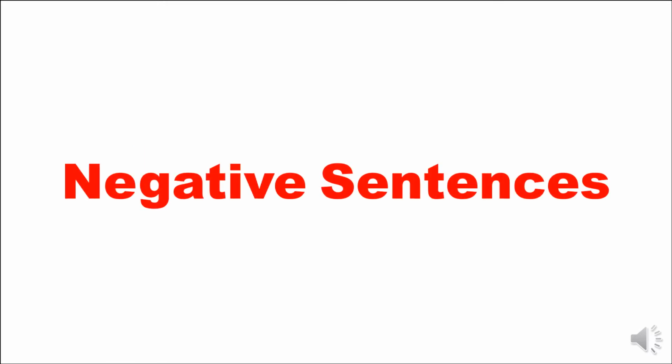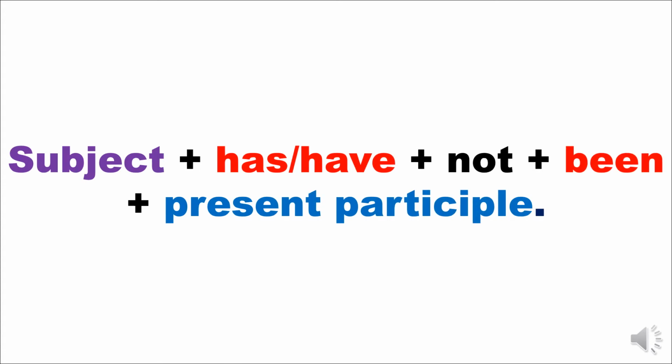Negative sentences. While constructing the negative form of present perfect continuous tense, we use this type of pattern. We place the subject at first, then has or have, then not, then been, then the present participle.